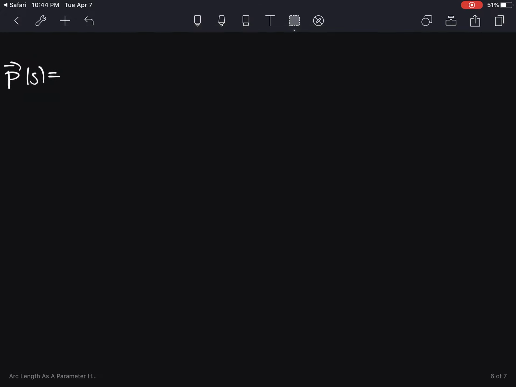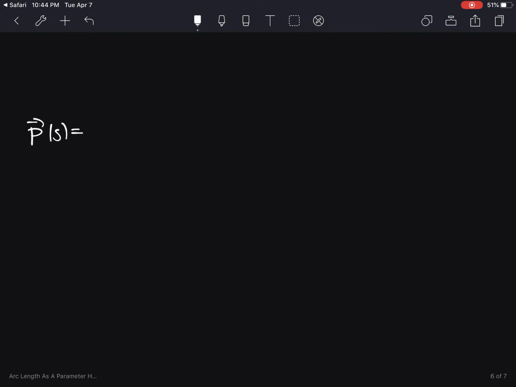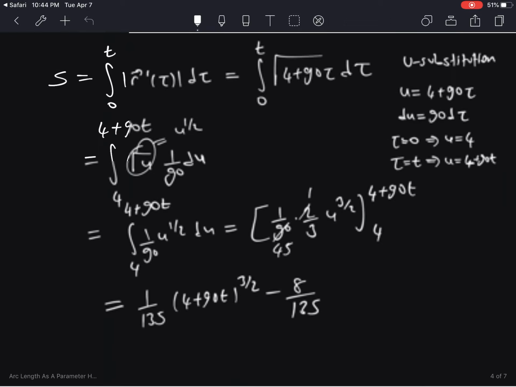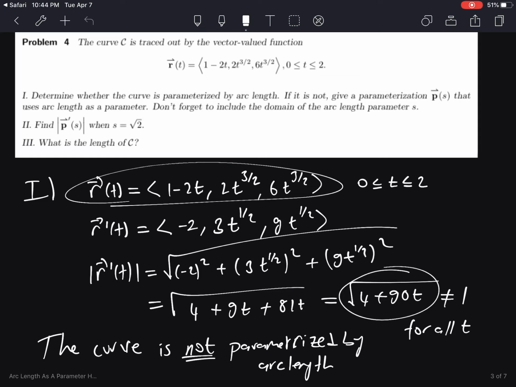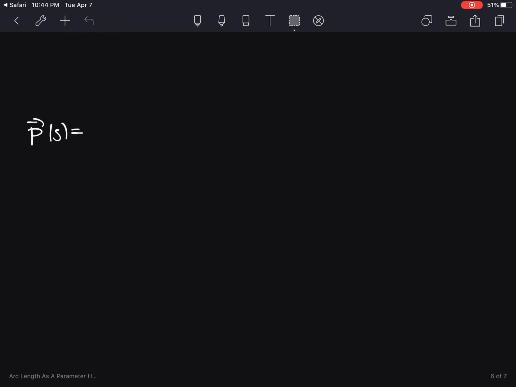Let's move it here because it's going to be a long expression. And before that, let's write our r(t) here. Maybe I should copy from here directly. So let's erase this and then take this. Copy it and let's paste it here. So this is our r(t).